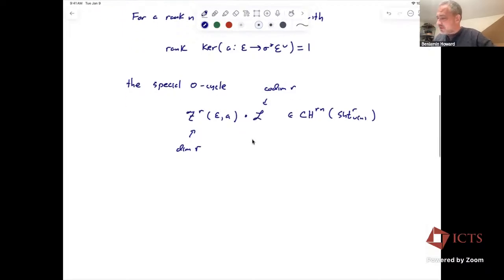The special zero cycle, so what's the conclusion? The conclusion is the same as in the non-degenerate case.